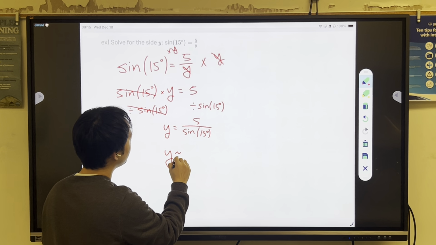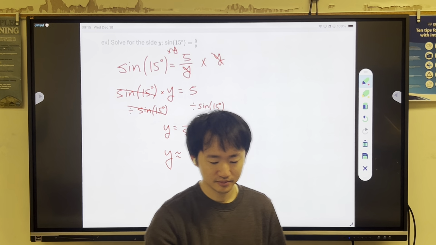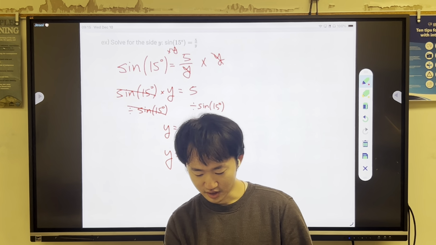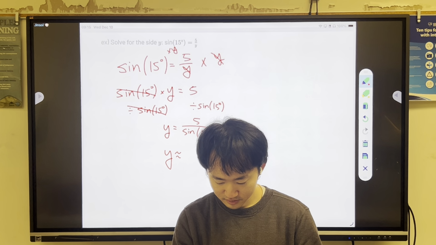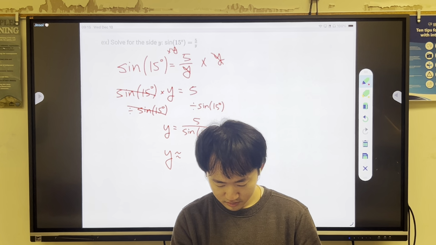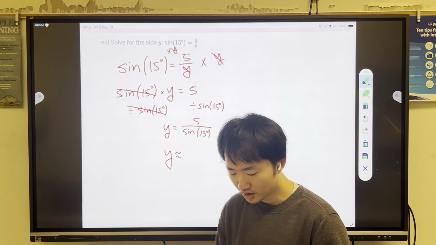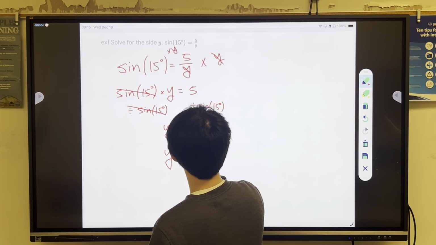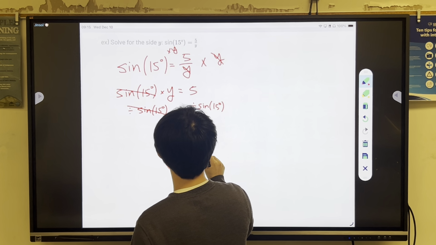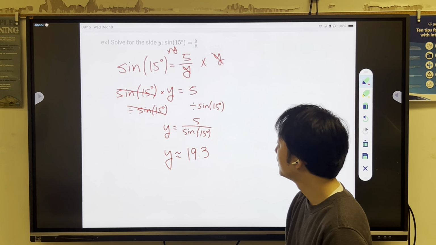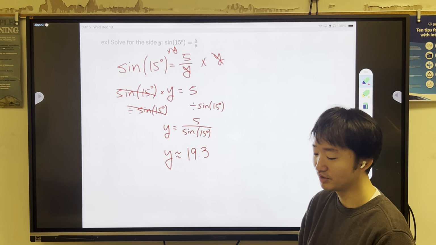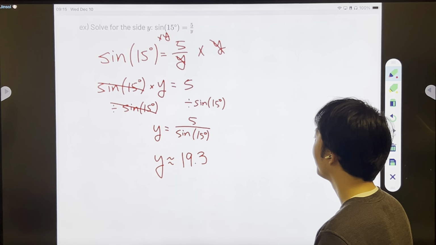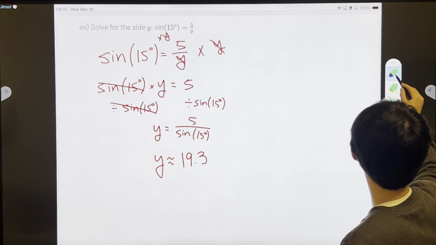And obviously, in order to compute that, we need to use our calculator. So let's use the calculator. 5 divided by sine of 15 degrees. On my calculator, it shows up as approximately 19.3. This is not an angle, so it wouldn't be 19.3 degrees. The answer would be approximately 19.3.